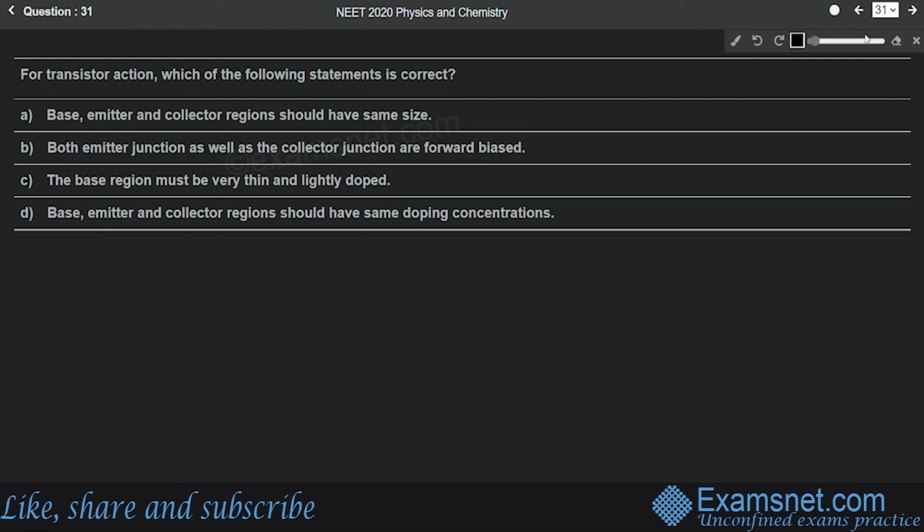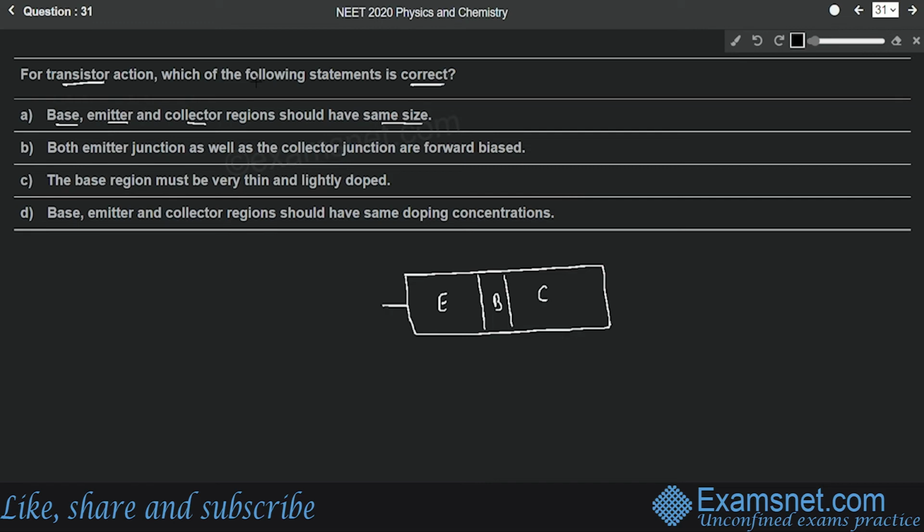Question number 31 is from the chapter Semiconductor Electronics, and the question is, for transistor action, which of the following statements is correct? First statement is base, emitter and collector regions should have same size. So let me draw the figure of a transistor. If this is a transistor, this is the emitter region, this is the base region, and this is the collector region.